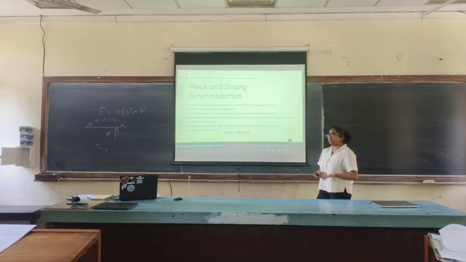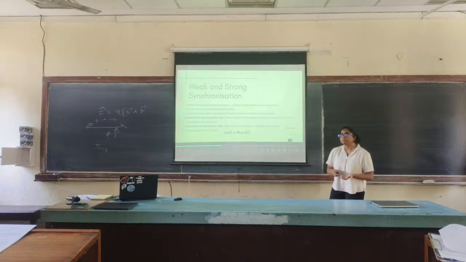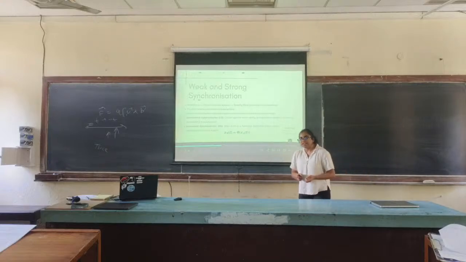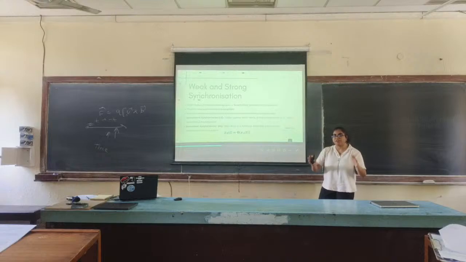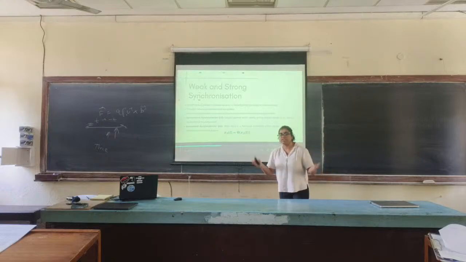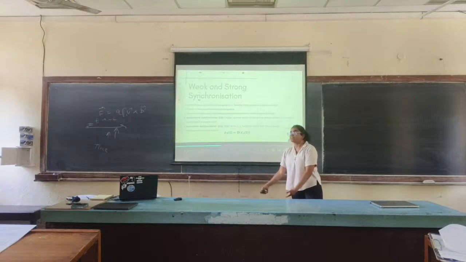Now we'll come to what we mean by weak and strong synchronization. As I mentioned earlier, chaotic nonlinear systems are defined by the butterfly effect. But this kind of defies what synchronization actually means, right? Because synchronization is something we associate with stability, with order. So what people have found out is that coupled systems with some sort of symmetry, it could be symmetry in the parameters, it could be spatial symmetry, show chaotic motions that eventually get synchronized.